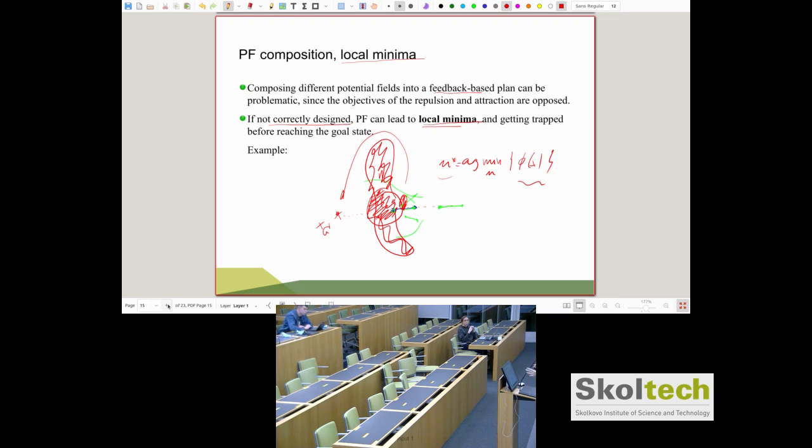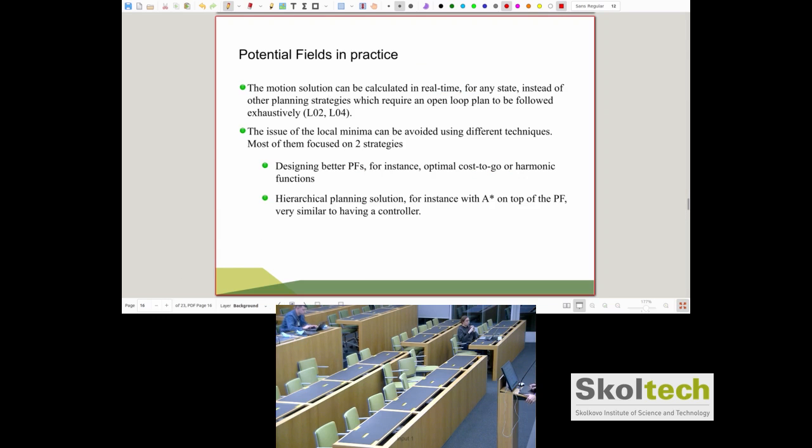Okay, so now let's be a little bit positive, because even though there's many things we can do, even though there's local minima, this kind of technique is a really powerful one. In practice, this solution can be calculated in real time. This is what I was talking about, very efficient.